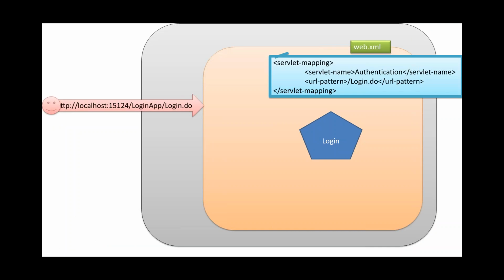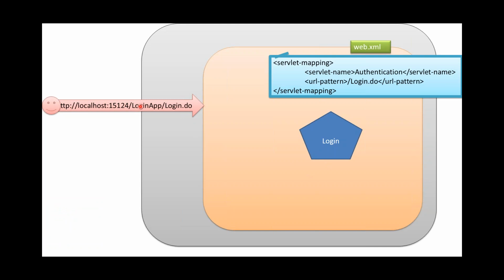Now over here, if you see, the servlet is ready. After the init method, your servlet is ready to service the clients. Now, this is the first client, the first request coming in. HTTP is the protocol name, and localhost is the name of the server. 15124 is the port on which your server is running.